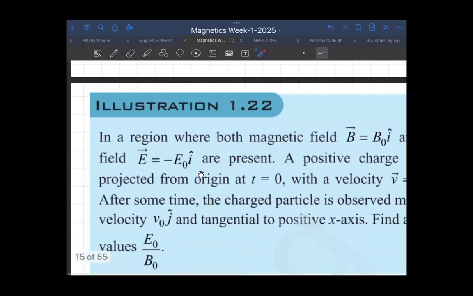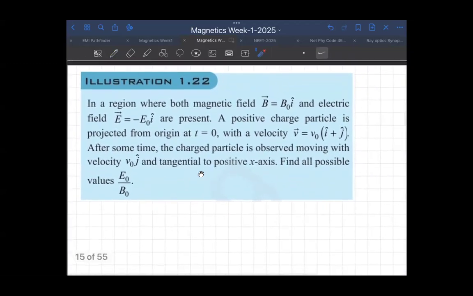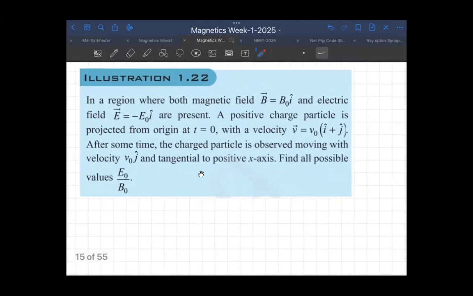Next question. See this. Everyone try to solve this.